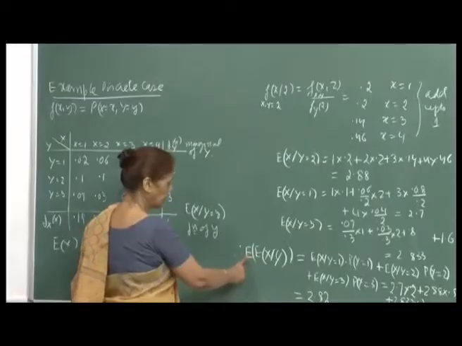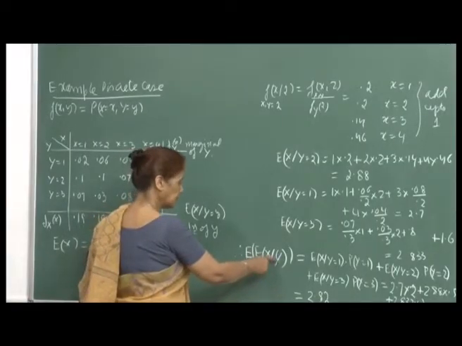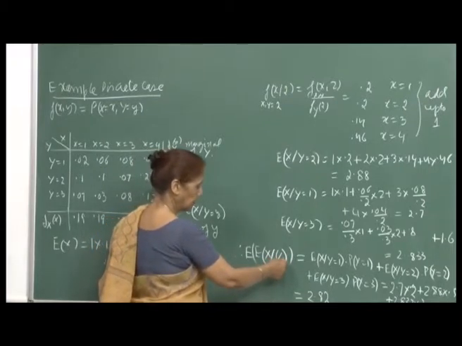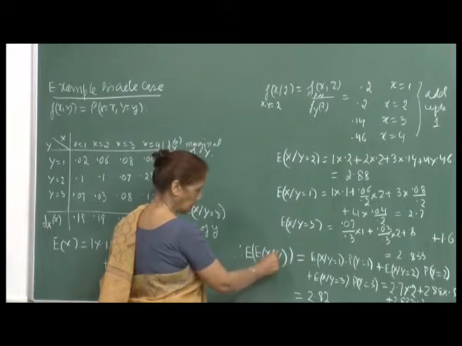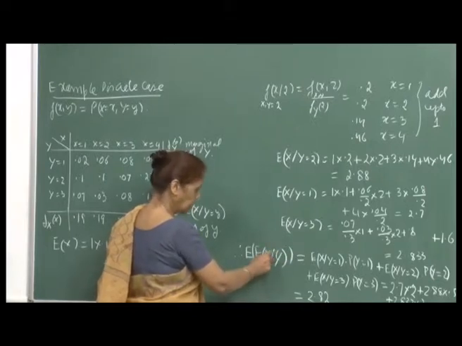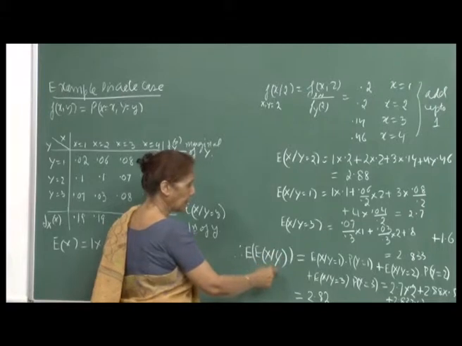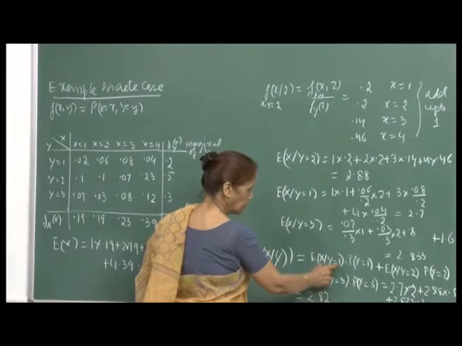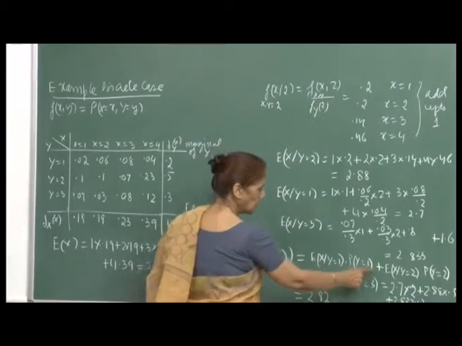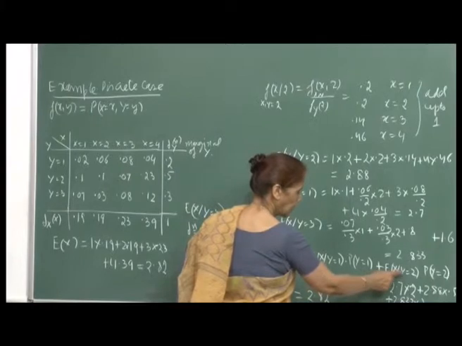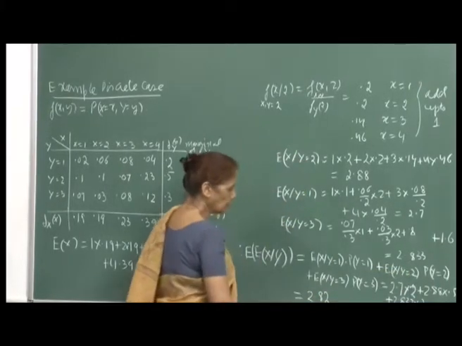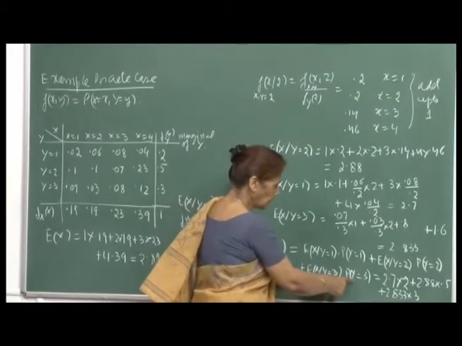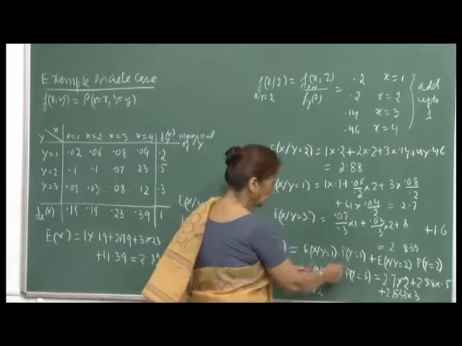So, now we will compute the expected value of x given capital Y. The values of y will vary, so when you write this expression, you compute the conditional expectation of x for different values of y. So, this will be the conditional expectation of x given y equal to 1, into probability y equal to 1, plus conditional expectation of x given y equal to 2 into probability y equal to 2, plus conditional expectation of x given y equal to 3 into probability y equal to 3, right.